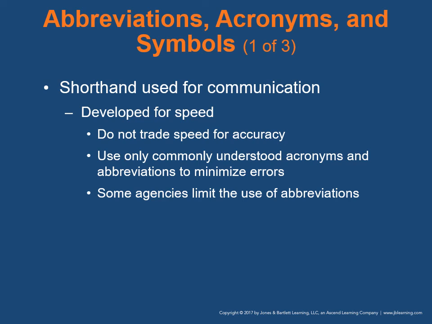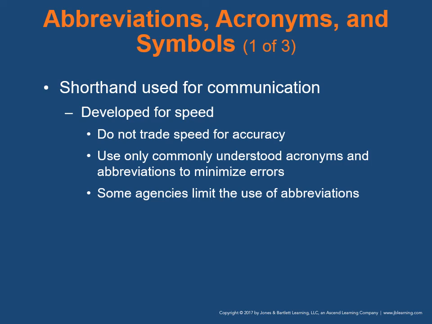Acronyms can be pronounced as their own word, such as SAMPLE history is pronounced like the word sample, or by reading the letters one by one, EMS is pronounced E-M-S, or by a combination of the two, such as DCAP-BTLS is pronounced D-CAP B-T-L-S.